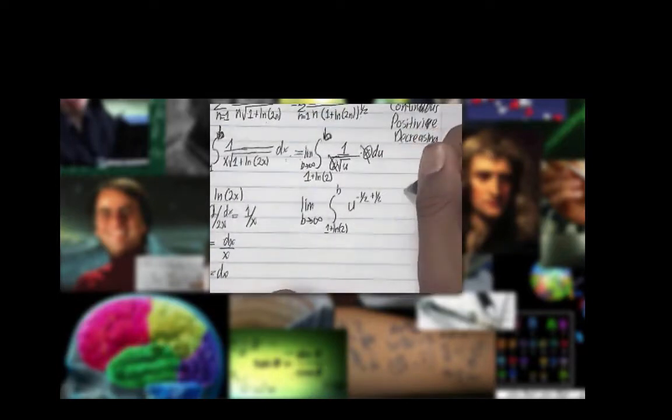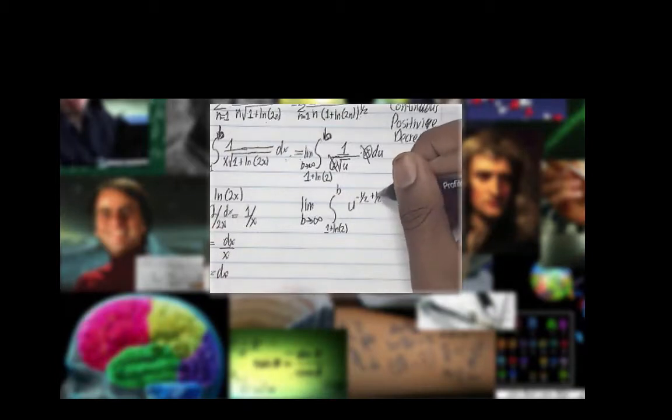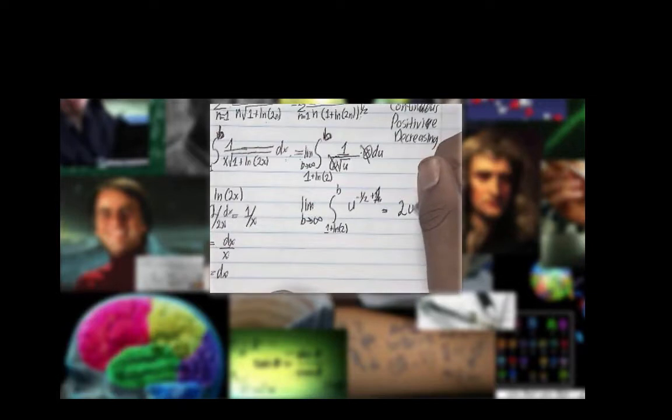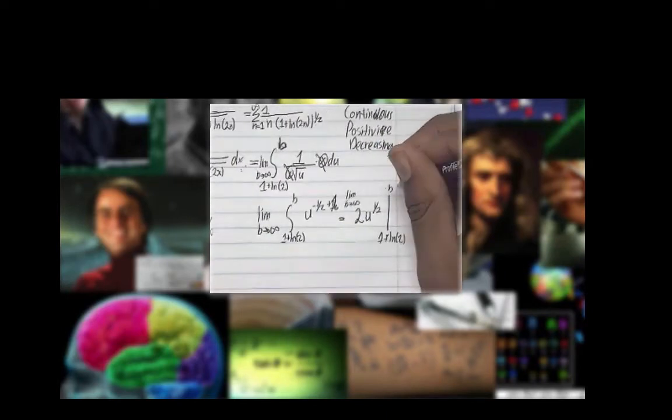So we can integrate this by adding 1 to the power. I think your brain was ahead of itself. And we drop down 2 because we're dividing by 1/2. 2u raised to the 1/2, from 1 plus ln of 2 to b, with the limit as b approaches infinity.